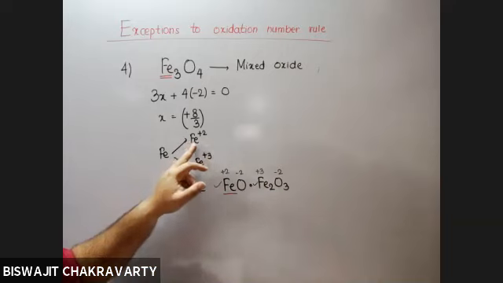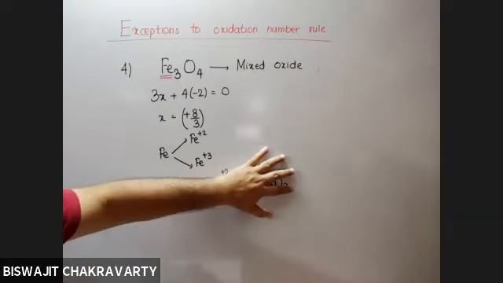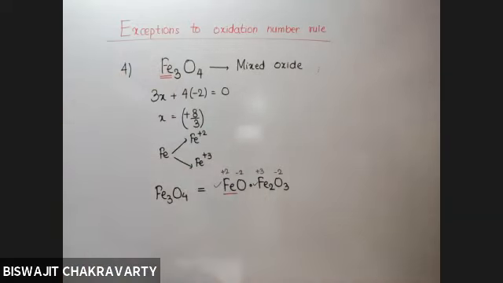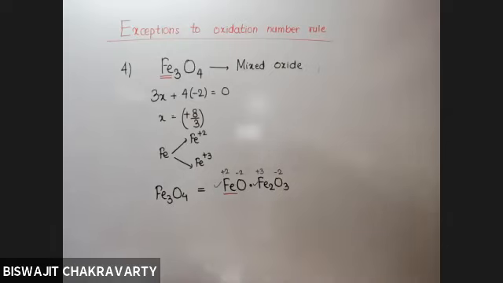Because iron can never show an oxidation state different from +2 or +3. But because it is written in this manner, it confuses us and we report the oxidation state as plus 8 by 3. If you go deep into the structure, Fe3O4 actually is FeO dot Fe2O3. Clear?